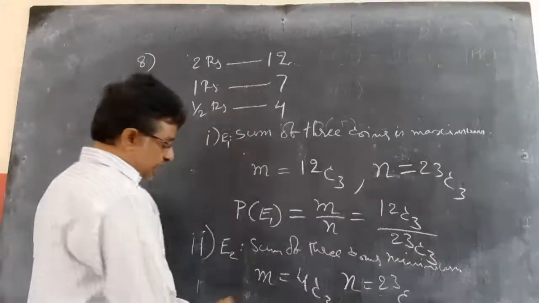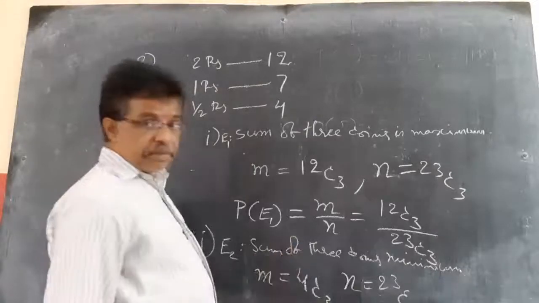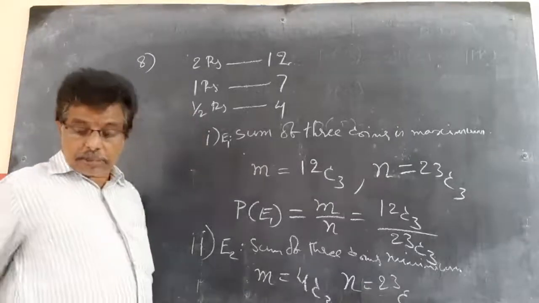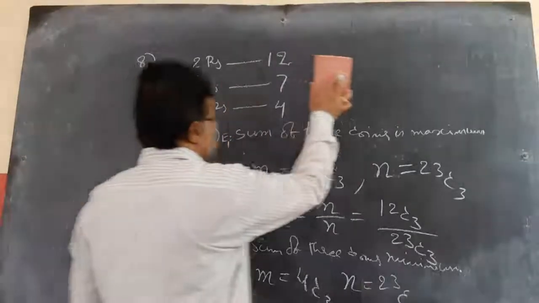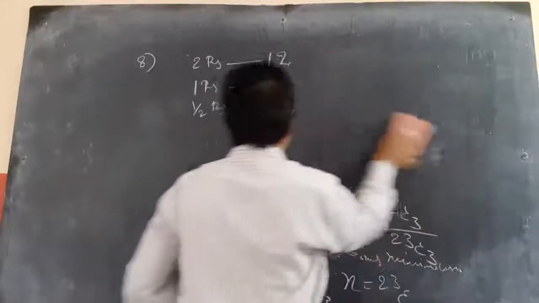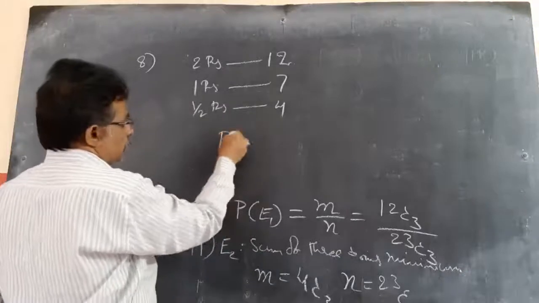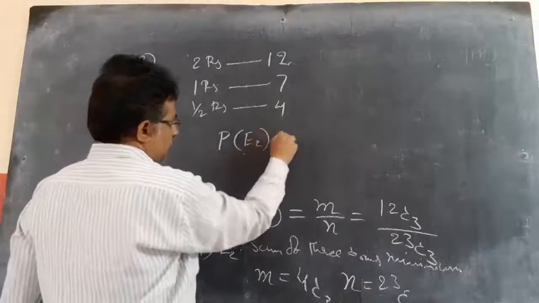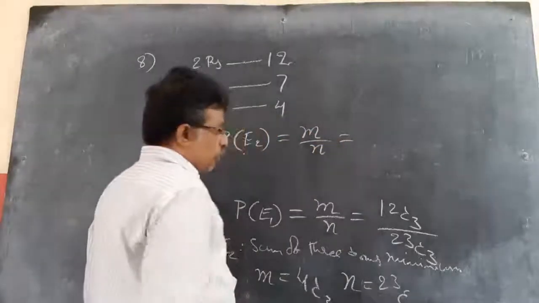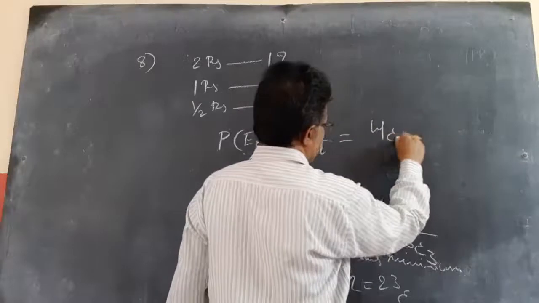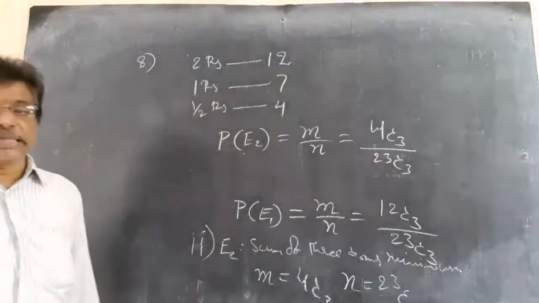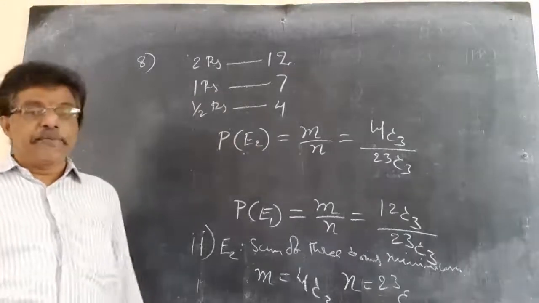So probability of getting the sum of the coins minimum is P of E2 equal to M by N equal to 4C3 by 23C3. 4C3 by 23C3 gives you the sum of coins where picked up is minimum value.